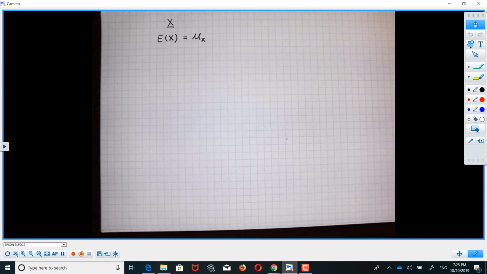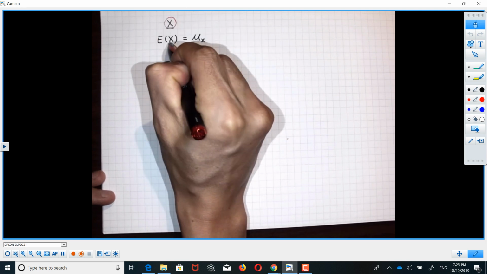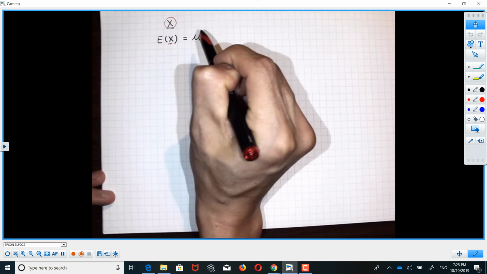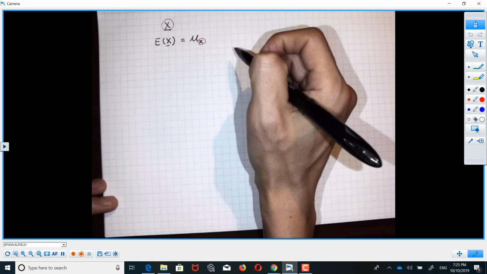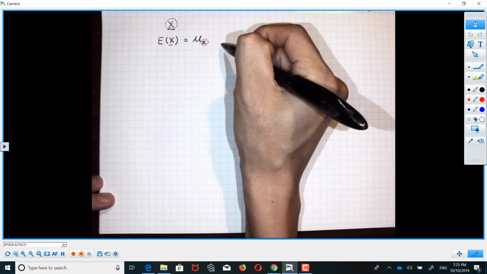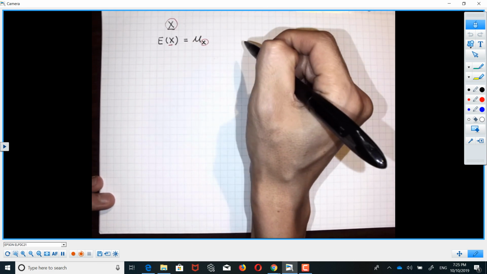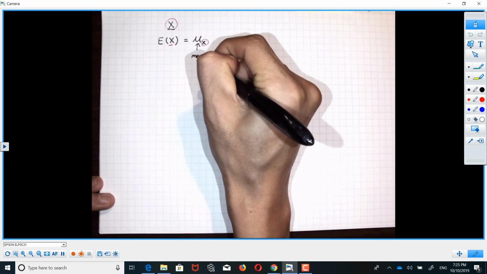So that's another notation for the expected value of x. When you have a random variable x, you have its values x, and then the formula to find the expected value of x, or the mean of x.